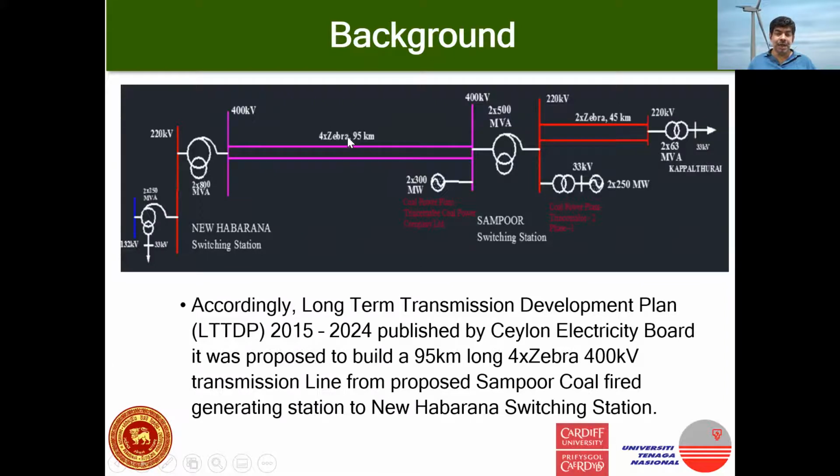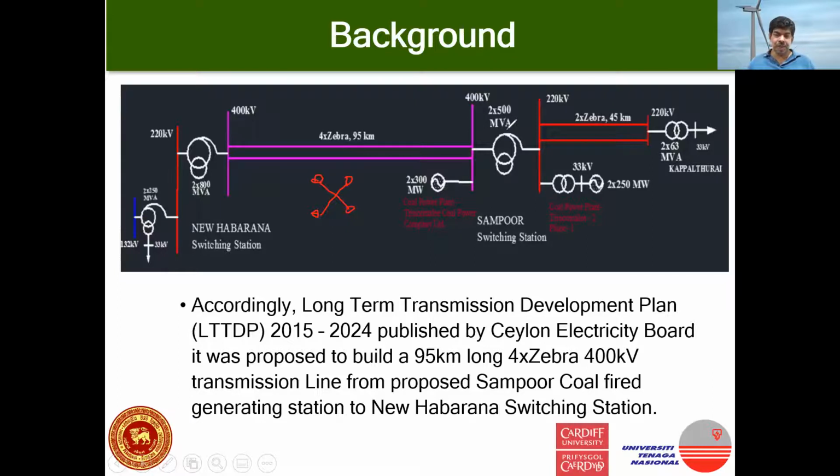The zebra is the conductor, and this line carries 4 zebras. In other words, if you have seen, on a cross, each end will carry a conductor, and each of these conductors is a zebra. So that is the line which was planned with this addition of coal power.